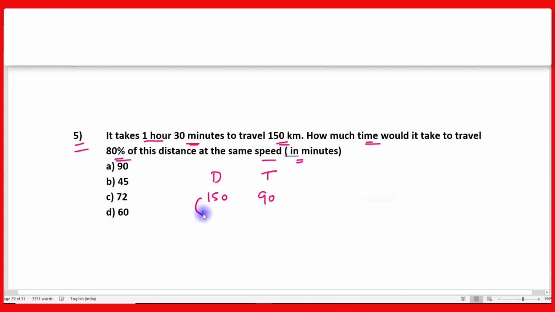Now the distance is reduced by 20%, correct? 80% distance is to be traveled, it means 20% is reduced. So time definitely will also reduce by 20%. So 20% of 90 will be 18, and so the time required will be 72 minutes, and therefore the correct option is C option, 72 minutes.